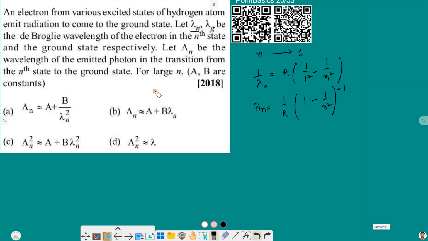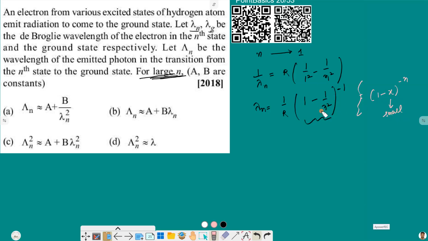Now as already given, the value of n is large, so this term can be written as 1 minus x raised to the power minus 1, and here x is very small. Why? Because n is large, so n square will be very large, so 1 by n square will be approximately 0.